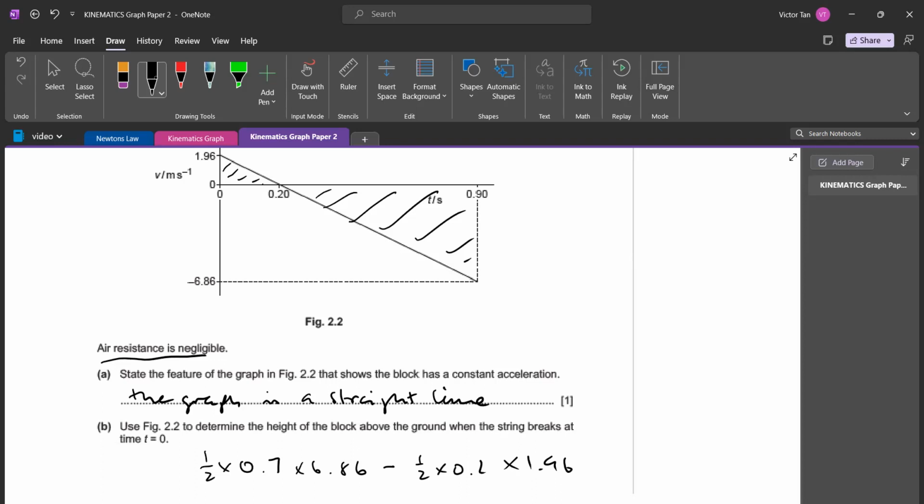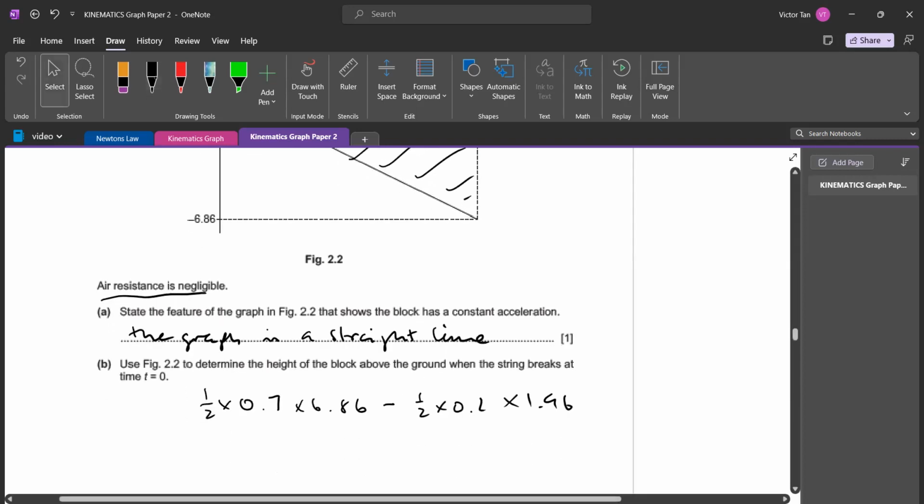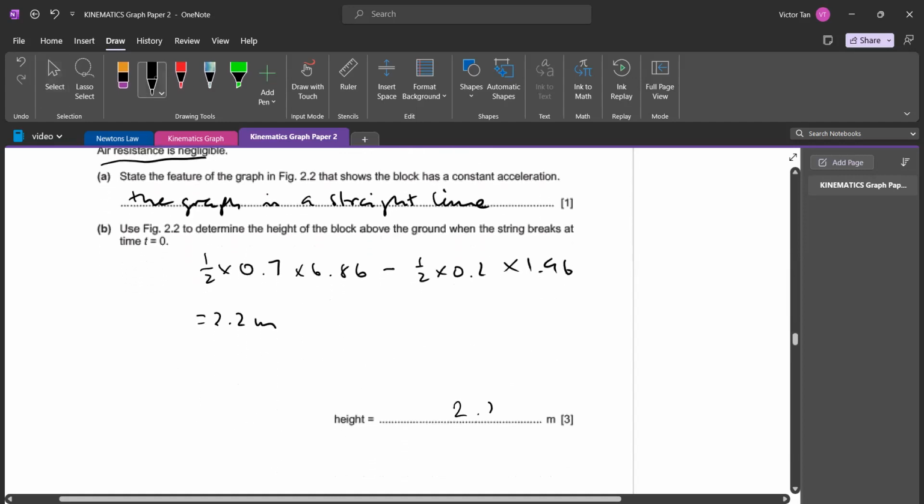Answer is 2.205. So the two significant figures would be 2.2. 2.2 meters.